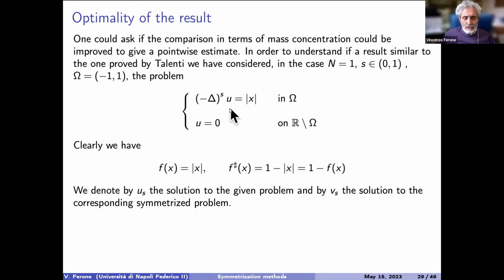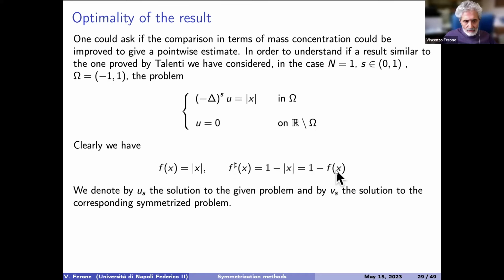And this comes out, for example, when you consider minus delta s of u equal to modulus of x in minus 1, 1, u equal to 0 on R minus omega. Then f of x is modulus of x. The rearrangement of f is 1 minus modulus of x.